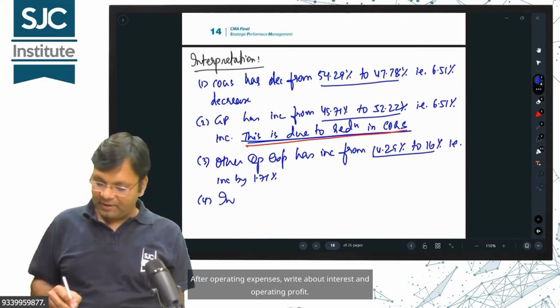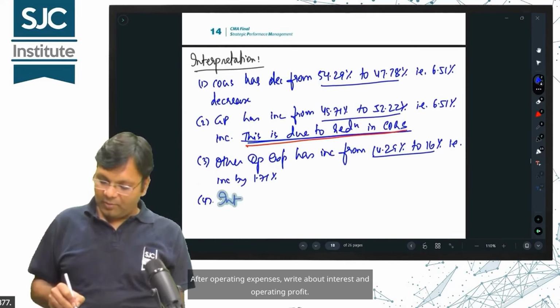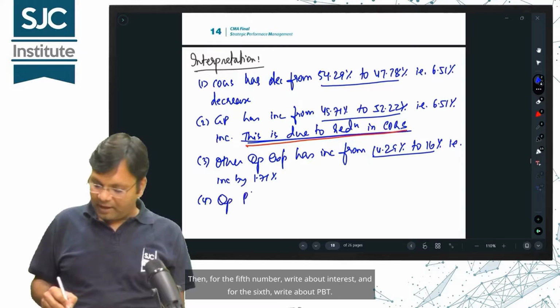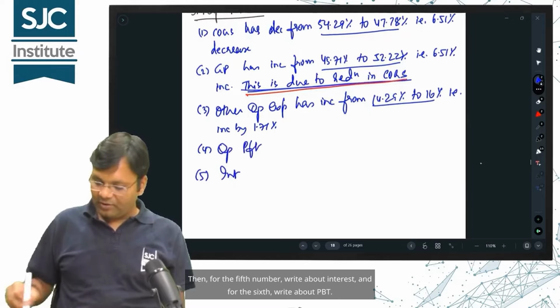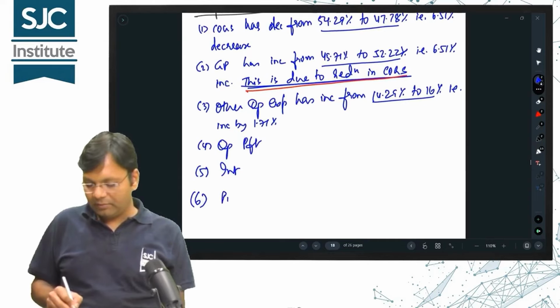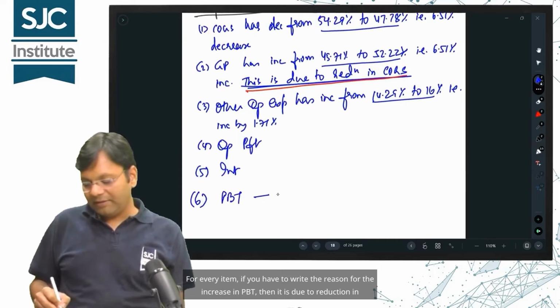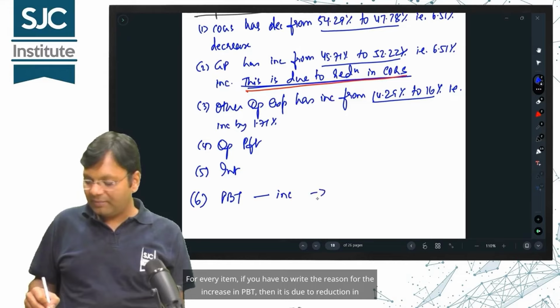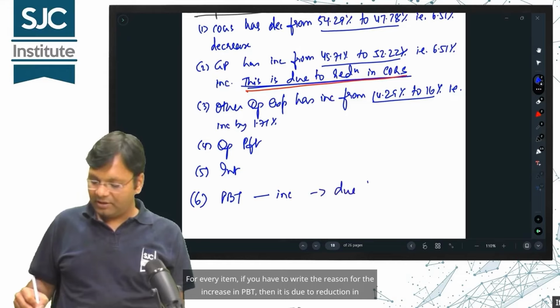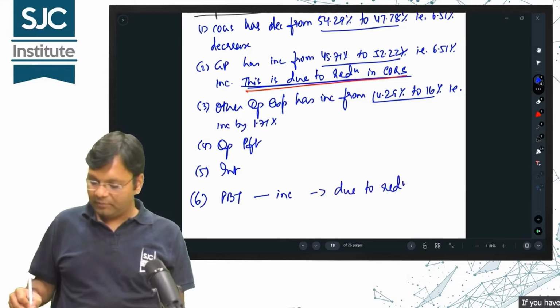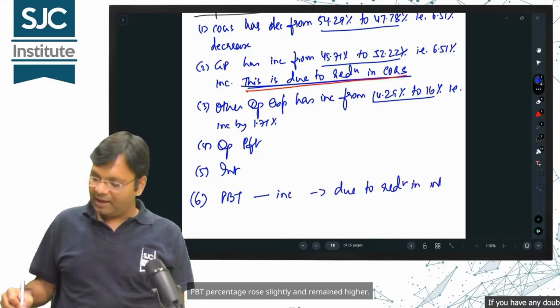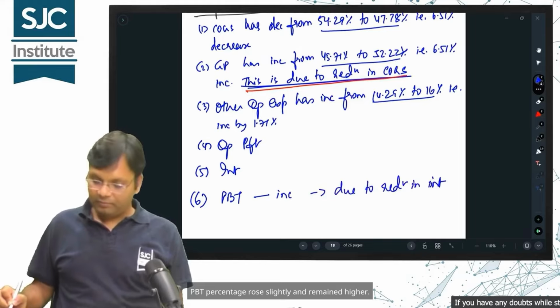After operating expenses, write about interest and operating profit. Then, for the fifth number, write about interest, and for the sixth, write about PBT. For every item, if you have to write the reason for the increase in PBT, then it is due to reduction in interest. PBT percentage rose slightly and remained higher.